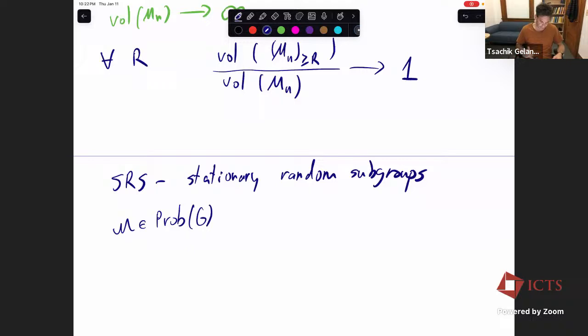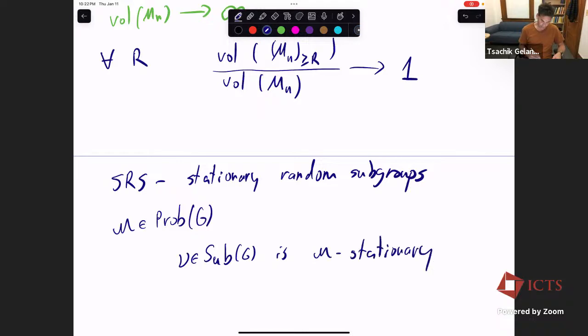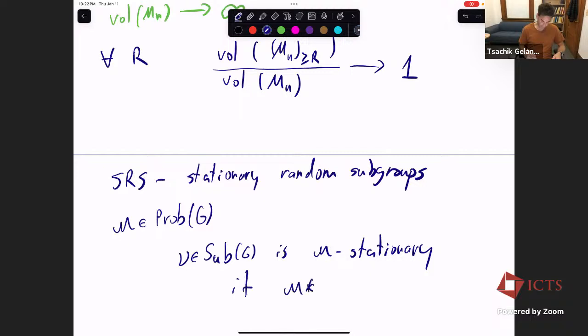But then a measure nu on a G-space, so for instance on the space of closed subgroups, is mu-stationary if it is a fixed point of the convolution, if it is harmonic with respect to mu.